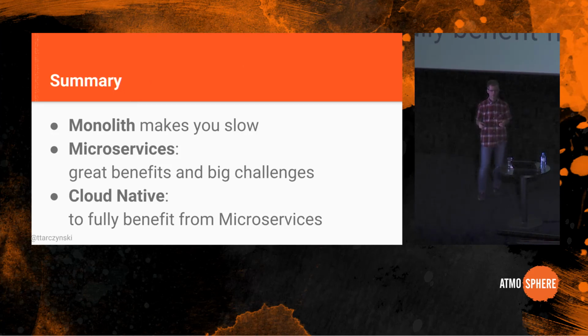We needed to invest a lot of work in this migration and in changing the architecture. And the third one is cloud native, and we think that to be able to fully benefit from microservices, we really do need these methods, this approach to working with a cluster and to automation.